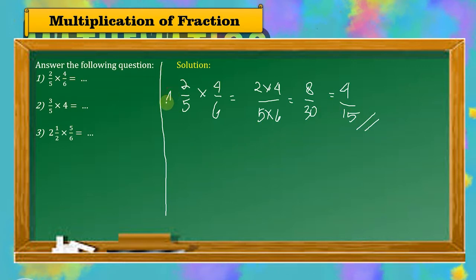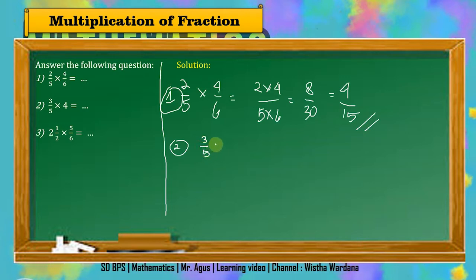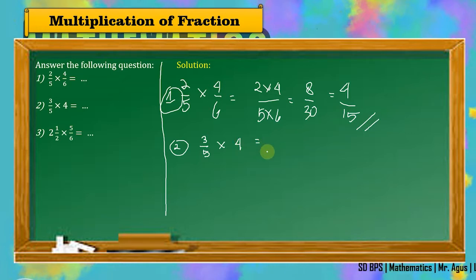This is number 1. Okay. Number 2, we have 3 per 5 multiplied by 4. In this case, we have a fraction multiplied by an integer.